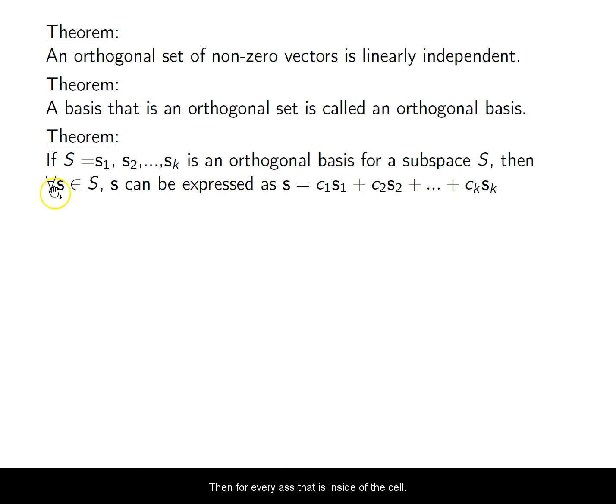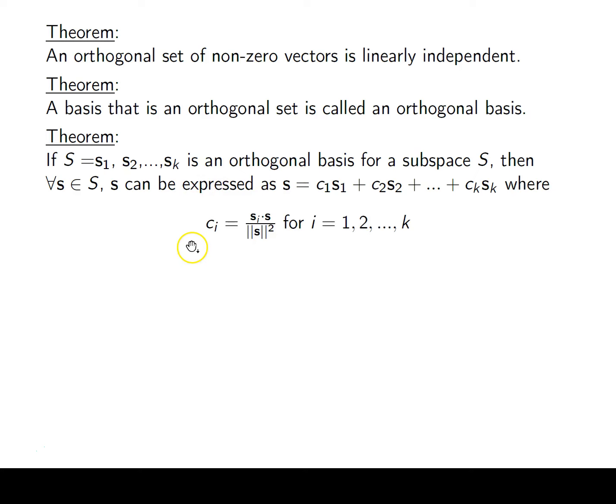Then every vector in the subspace can be expressed as a linear combination of those vectors, and that comes straight from the definition. What does it mean to be a basis? It means you can express any vector as a linear combination of the other vectors in that basis. But here we can do it in a very special way.